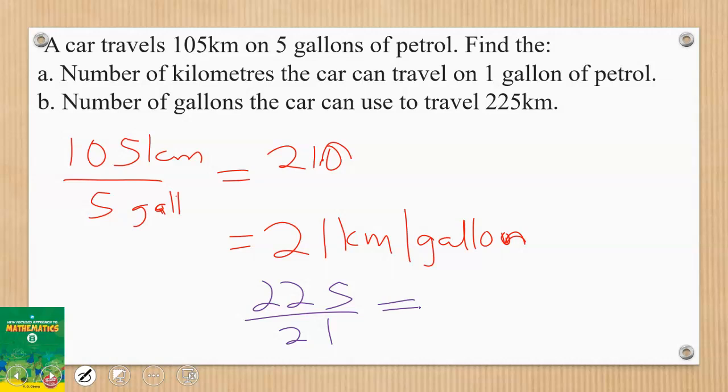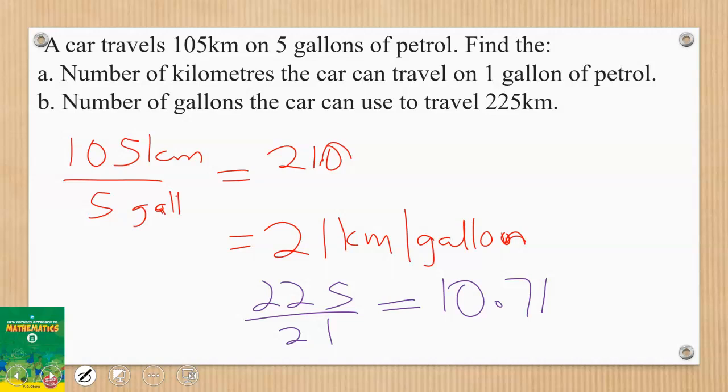That will give me the number of gallons the car can consume after traveling 225 kilometers. You can use any method that you know, whether long division or short division, to divide 225 by 21. And if you do that correctly, you get 10.71, or let's just make it 10.7.